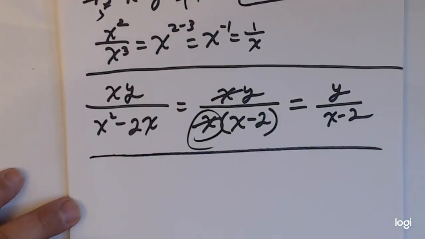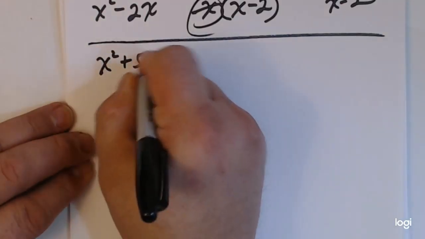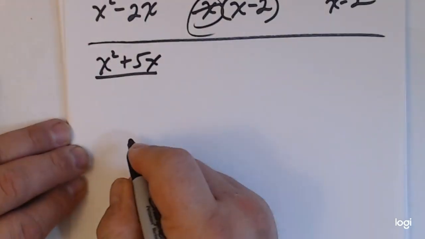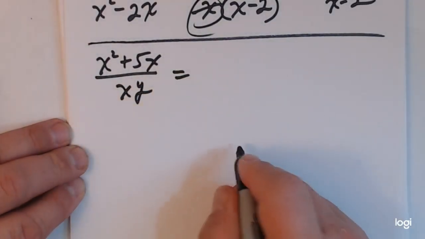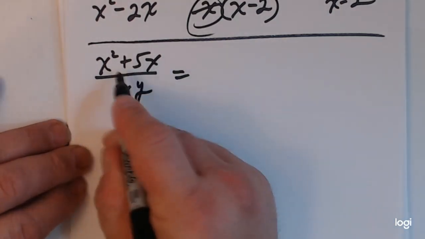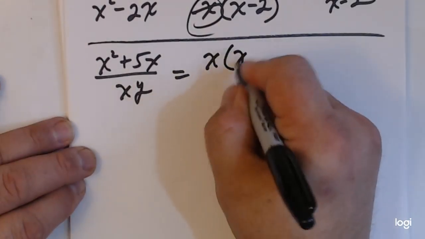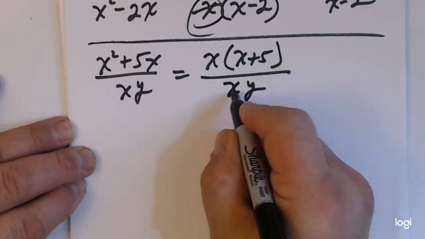Let's do another. x squared plus 5x, sorry, over xy. And again here, only this time in the numerator, we're going to factor out an x. We get x times x plus 5 over xy.